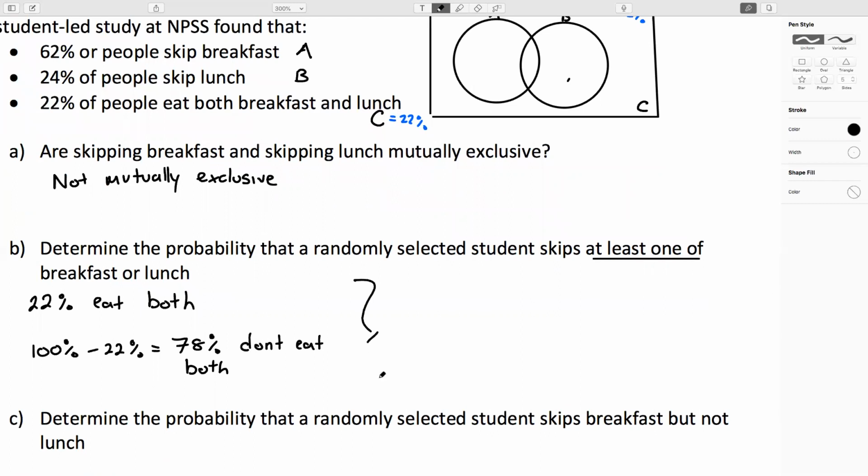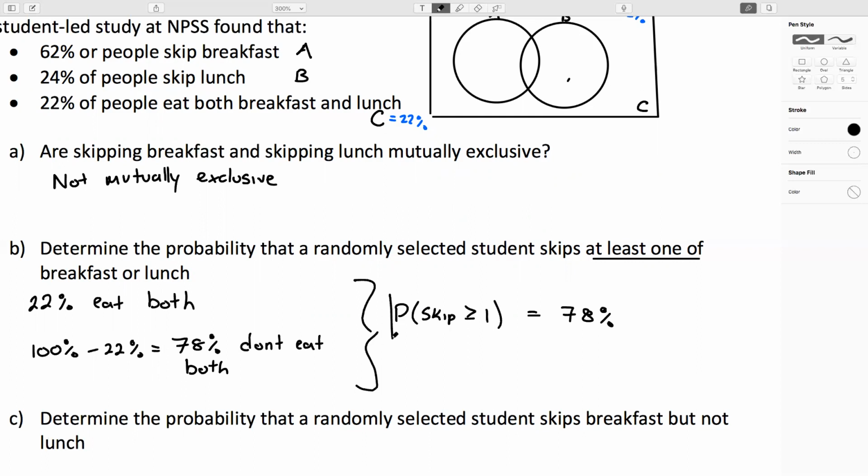So in other words, the probability that a student skips at least one, probability of skip greater than or equal to 1, equals 78%.